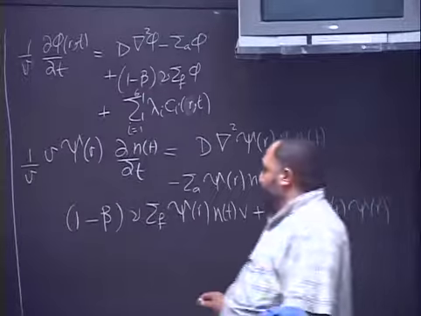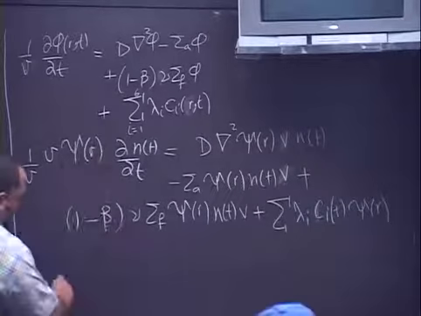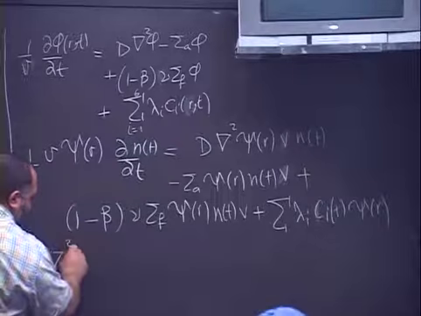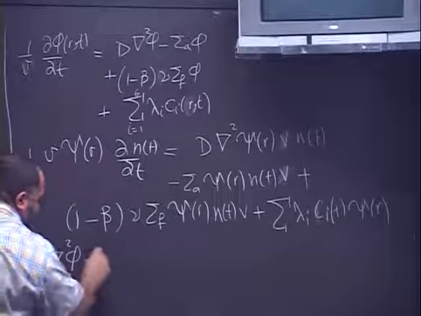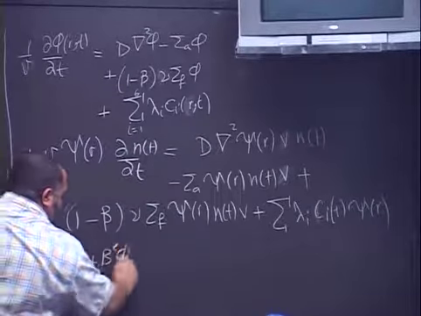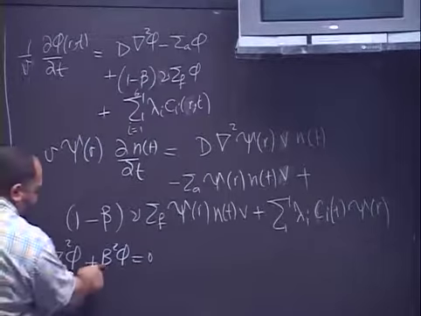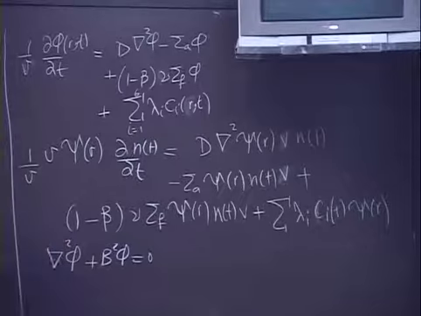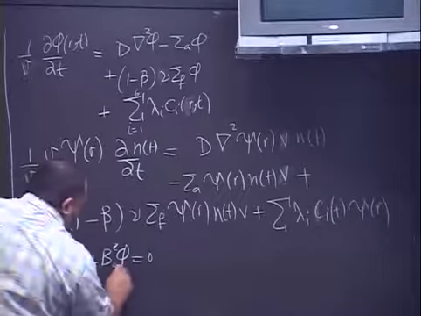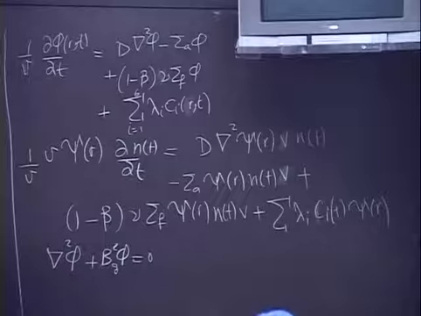What's the trick to use? The reactor equation is nabla square phi plus B square phi equal to 0. This was the reactor equation, and we'll call B the BG, the geometrical buckling.